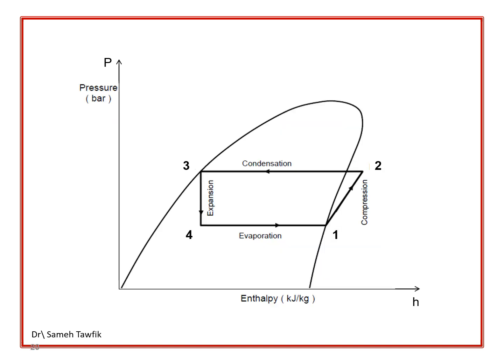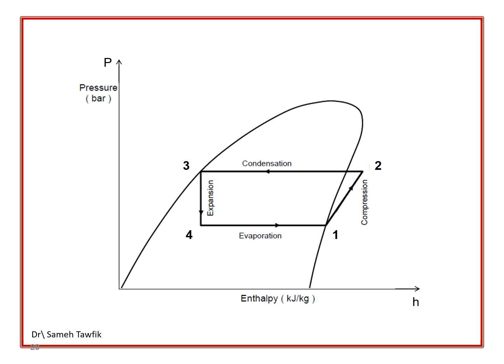A pressure enthalpy (p-h) diagram for a simple refrigeration cycle is a graphical representation of the refrigerant's thermodynamic states throughout the cycle. The x-axis represents enthalpy, energy content, and the y-axis represents pressure. The cycle typically consists of four main processes: compression, condensation, expansion, and evaporation.